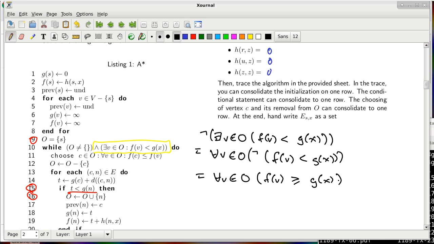So we are saying that this condition is true, and there is a shorter path to vertex x, and then you try to explain why that would create a contradiction. Is that okay? So we're good?